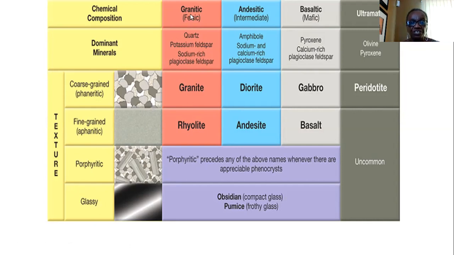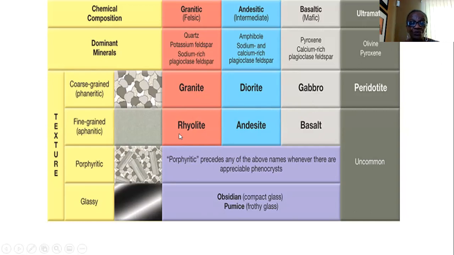They're both felsic, but they have a different texture: fine grain, coarse grain. Now, let's figure out what is alike about these three rocks, granite, diorite, and gabbro. They are alike because they are coarse grain. They have the same texture.